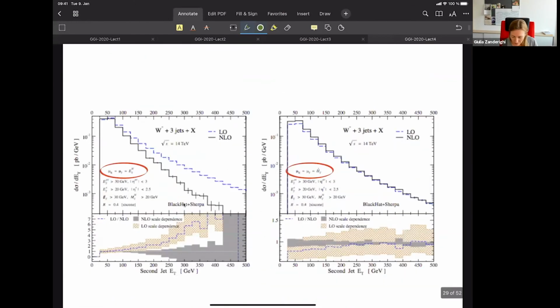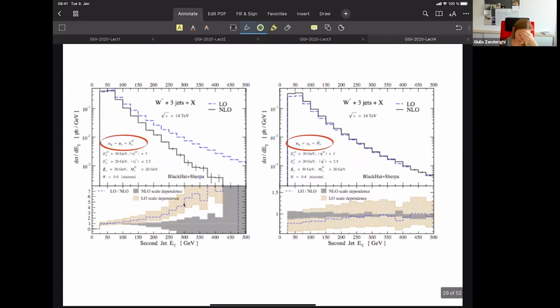Now here is another example that I would like to show. This again is, for instance, a cross-section, I would say W, that comes together with three jets. Now, the two plots that you see, left and right, show the same observable, the transverse energy of the second jet. And this is shown at leading order in blue and next to leading order in black.